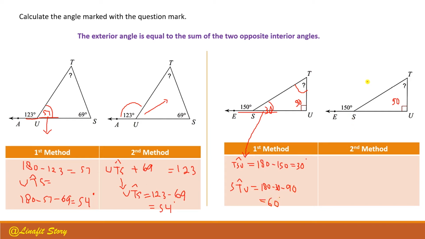And the second method: the exterior angle is equal to the sum of the two opposite interior angles, so 150 is equal to STU plus 90 degrees. So to get the question mark, STU is equal to 150 minus 90, which is equal to 60 degrees.